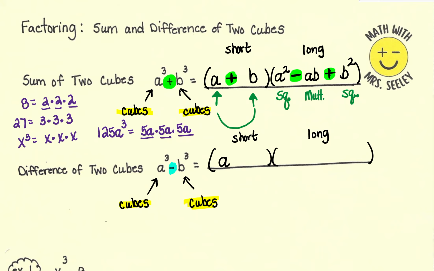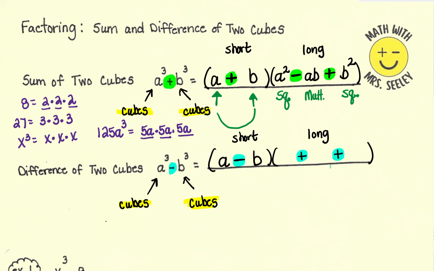What do I cube to get this, which is a b? Whatever sign is in the original problem, that's the sign that has to go in your short. After that, the rule says minus, plus, plus. So anytime there is a difference, or a subtraction, it's always going to be minus, plus, plus.